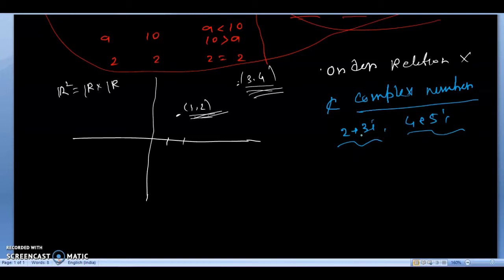Basically, 2 plus 3i is a point with x coordinate on the real axis and y coordinate on the imaginary axis, and 4 plus 5i is another point. Again, you can't compare them. That's why complex numbers also don't have the order relation.